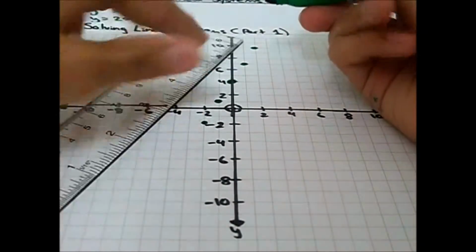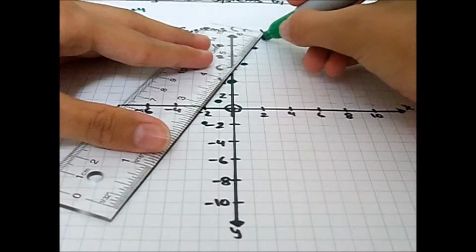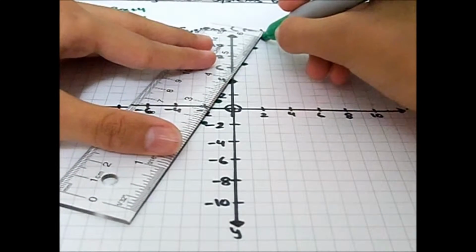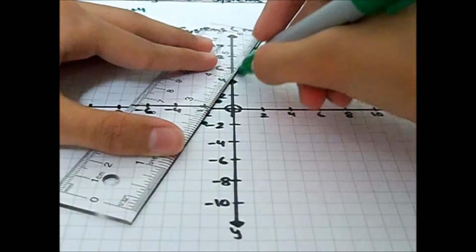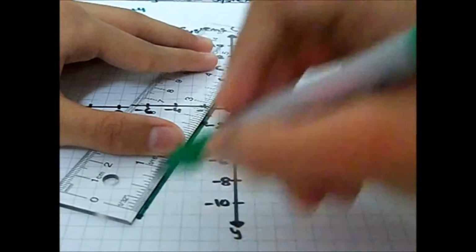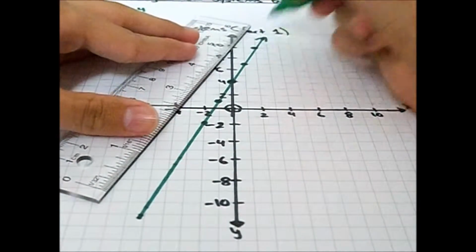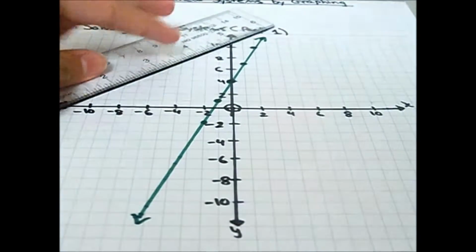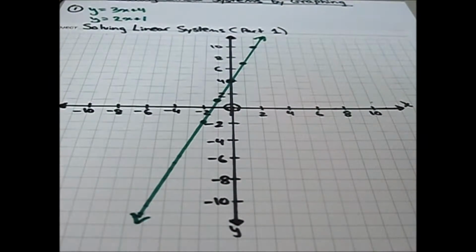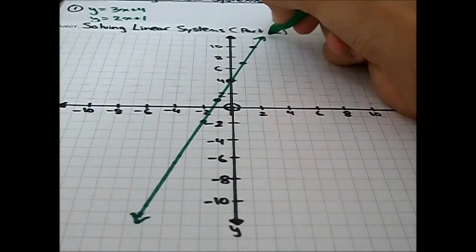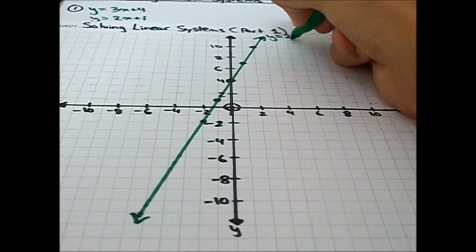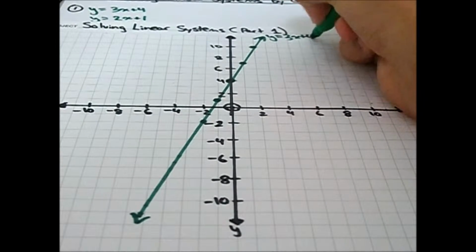And then I can just connect the line. Here we go. And I'm going to label it to avoid confusion and for communication purposes. y equals 3x plus 4.